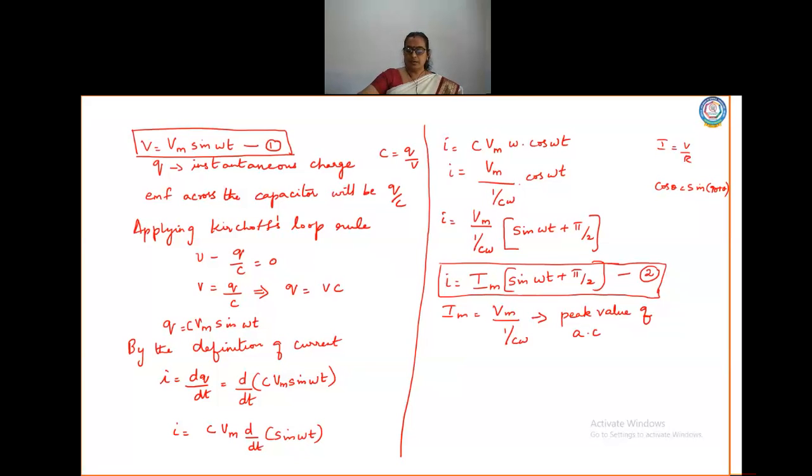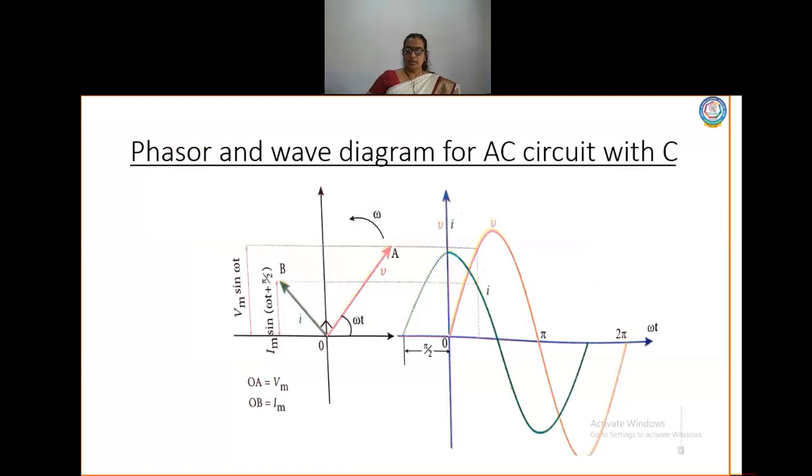Now this is also represented pictorially. Here we have drawn the wave diagram and also the phasor diagram for the current and voltage equations. So let us start with the voltage equation first. We know the instantaneous voltage equation, V = Vm sin ωt.